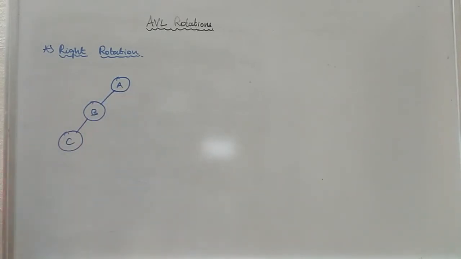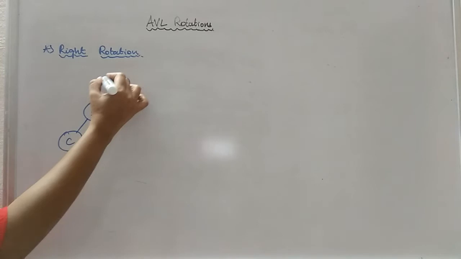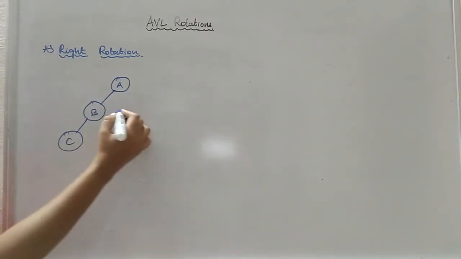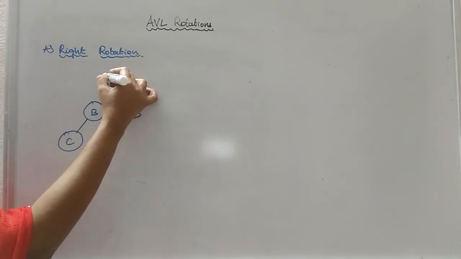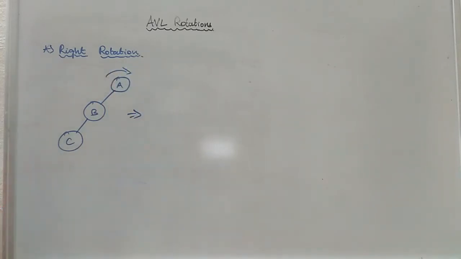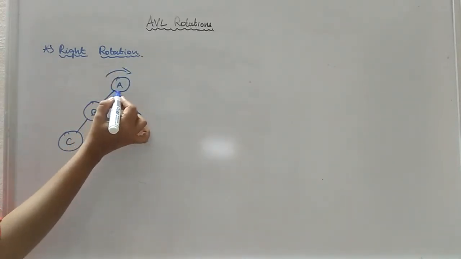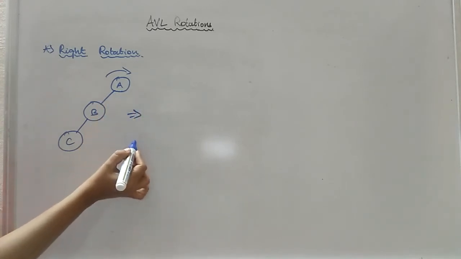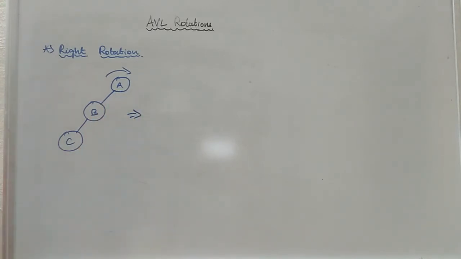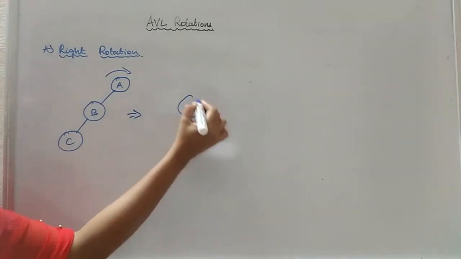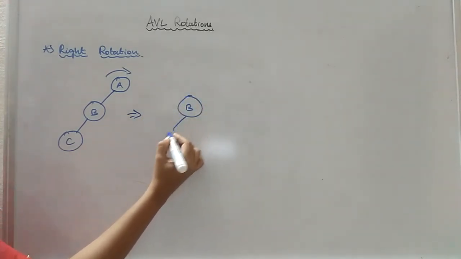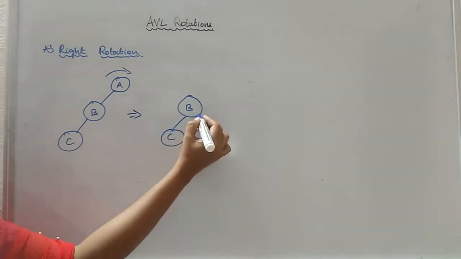See here, it's also an unbalanced binary tree. The height is not balanced at all. Here I am going to perform the right rotation. It means this node will be moved towards the right. In such a case I will get a binary tree like this one.